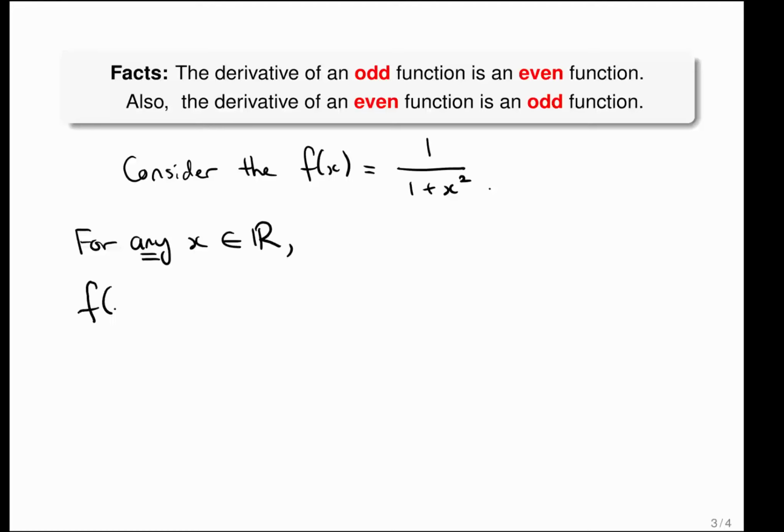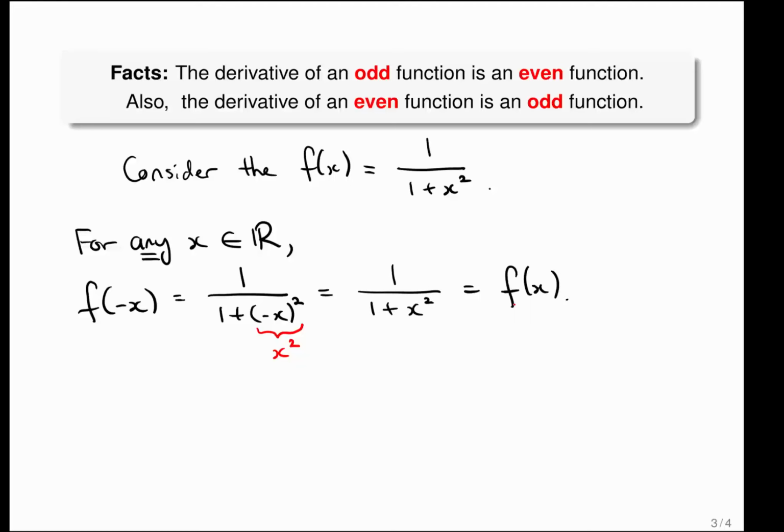Then f of minus x is simply the function evaluated at minus x. But minus x all squared is just positive x all squared. And this is just f evaluated at x. So since f of x is equal to f of minus x for all values of x in the domain of f, we've thus shown that f is an even function.